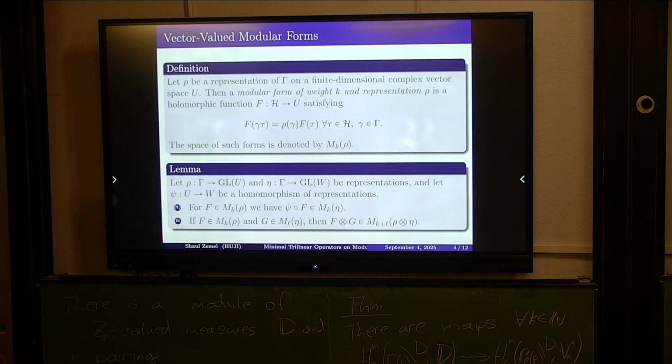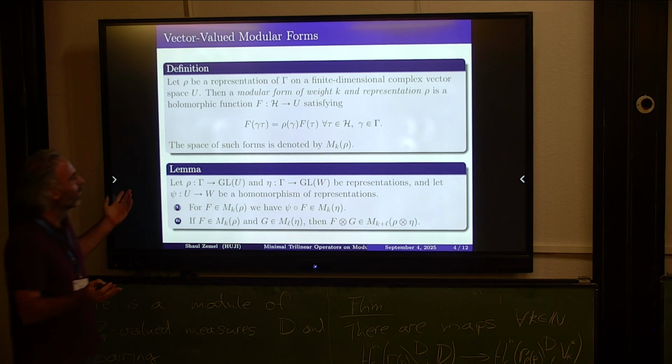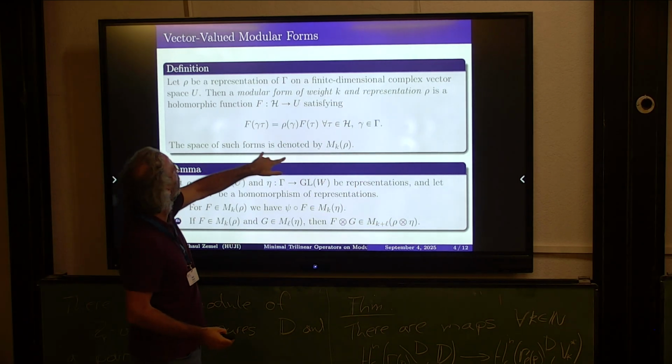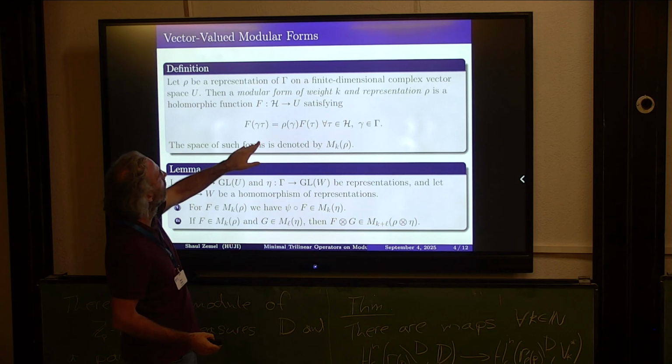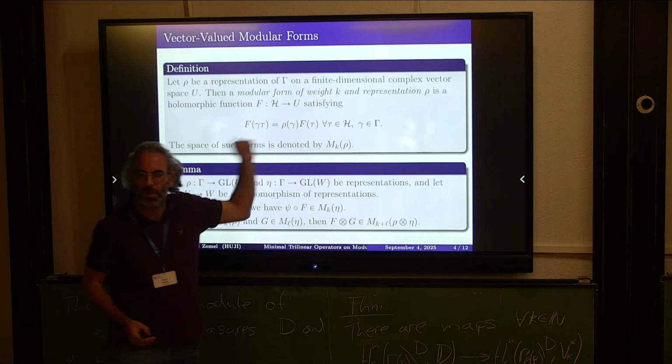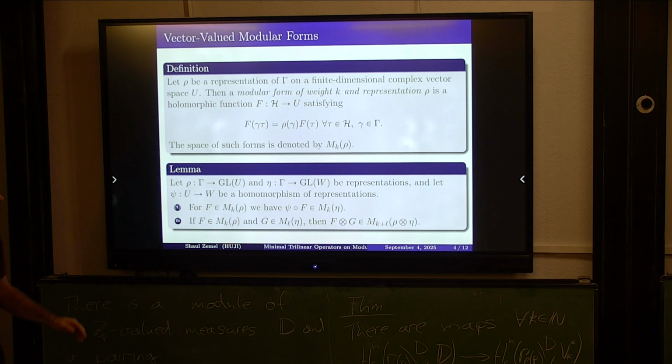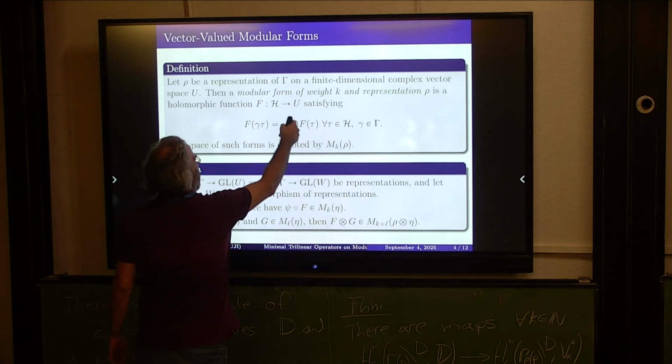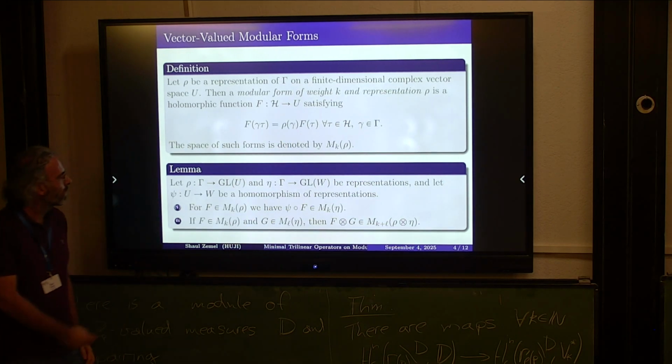Okay. So, the definition of a vector-valued modular form. It's something that behaves like a modular form. Oh, I forgot the weight. Sorry, I apologize. I forgot the weight, but you know what the weight is. But we also have this representation acting on this.